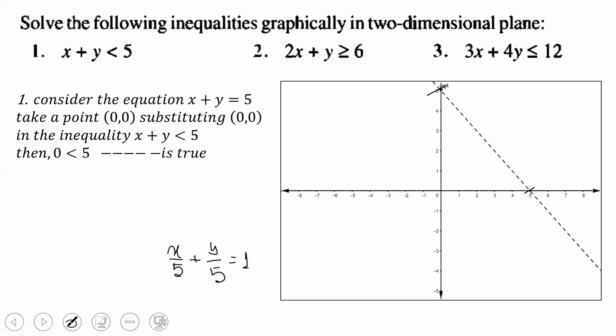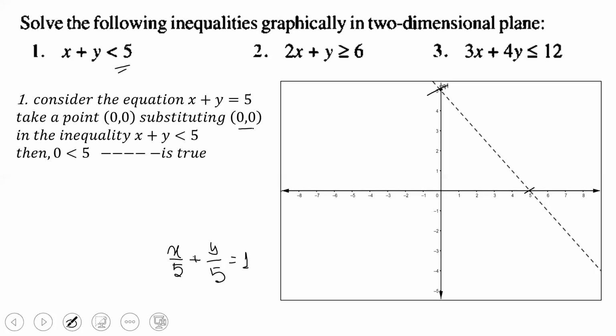So the region covered by this inequality, the solution region for x plus y less than 5, means we will consider all the points, all the ordered pairs in the form x comma y, such that x plus y is less than 5. Its value should be less than 5.